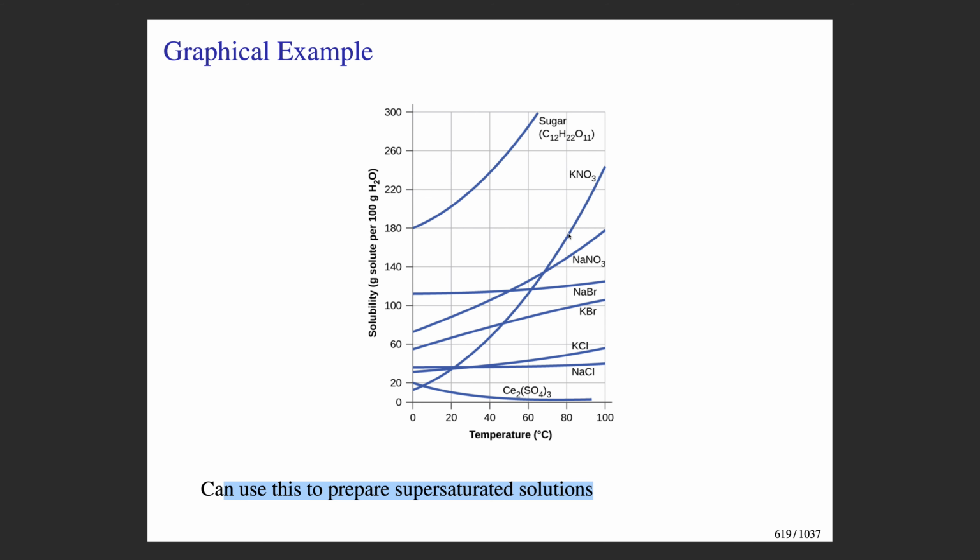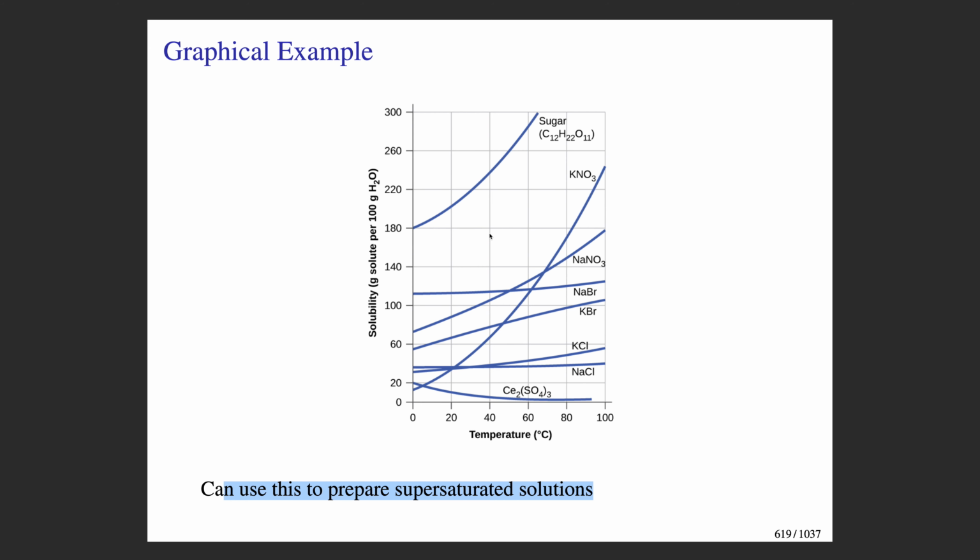So you'll saturate the solution at 80 degrees, and then you'll let the solution slowly cool without disturbing it, without agitating it. The solution will cool, but the concentration of the dissolved potassium nitrate will stay the same. So you'll have a really high concentration of potassium nitrate, but it's unstable.